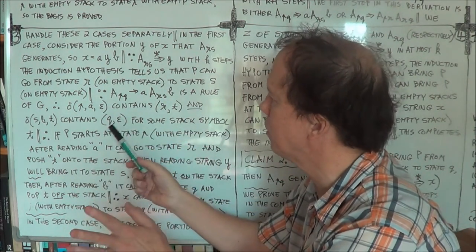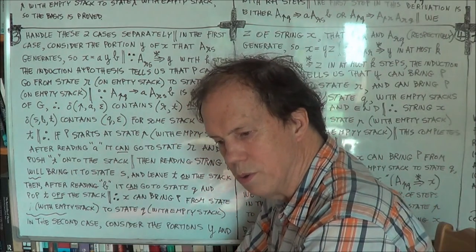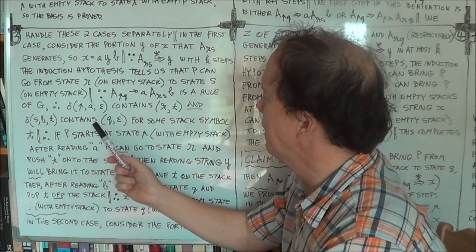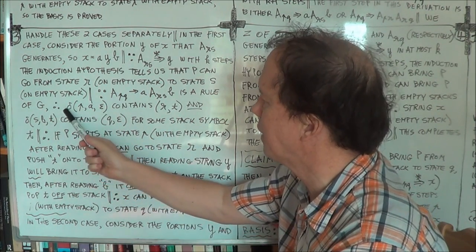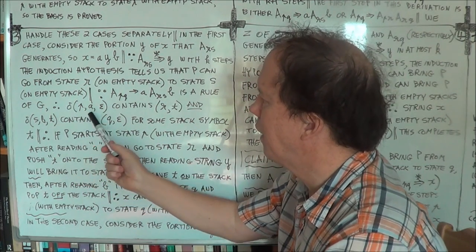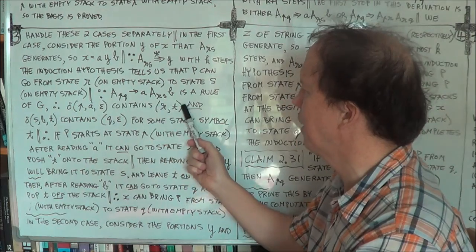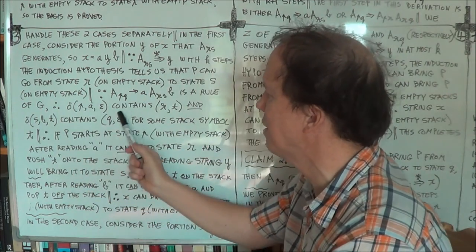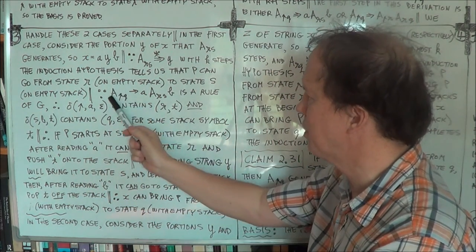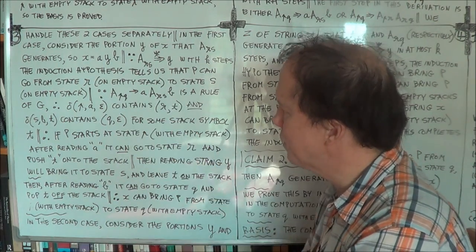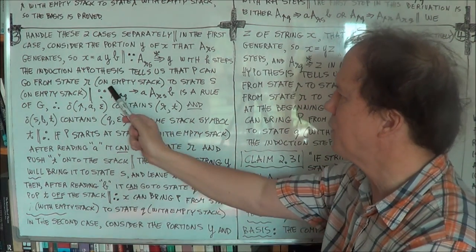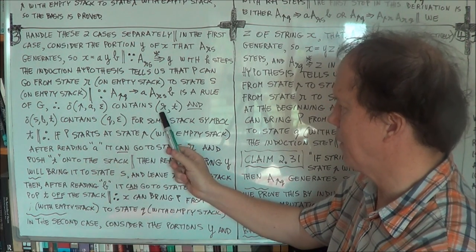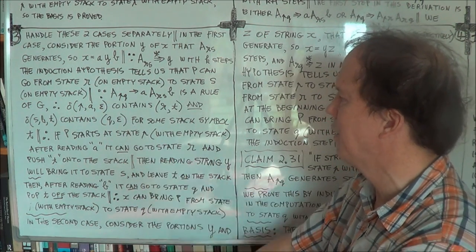Before, when setting up the rules for the grammar, we were systematically going through the PDA and looking at its transition rules here and here. If this contained that ordered pair, and that transition rule contained this ordered pair, then we put this rule in the rule set. Well, this rule is in the rule set. Therefore we have this and we have that.